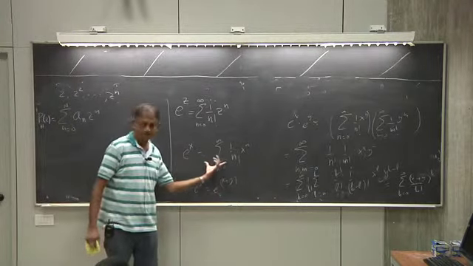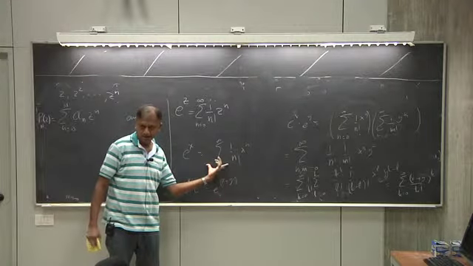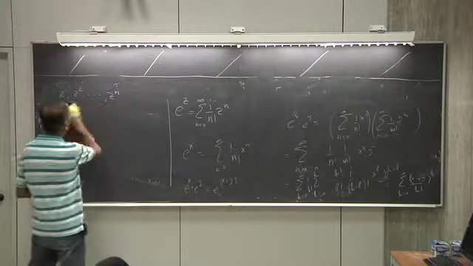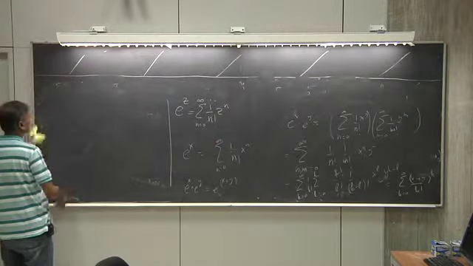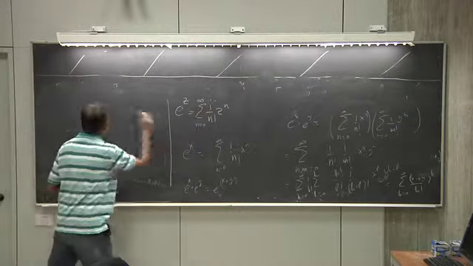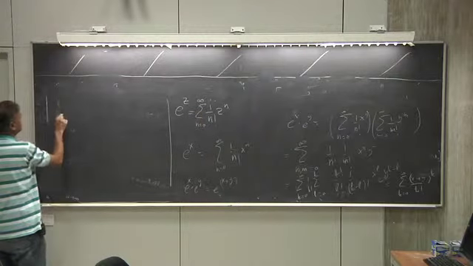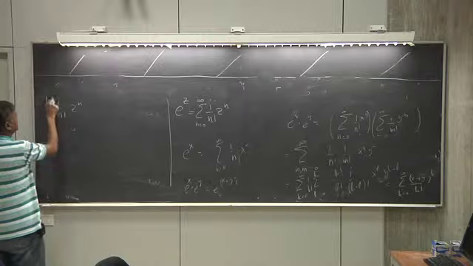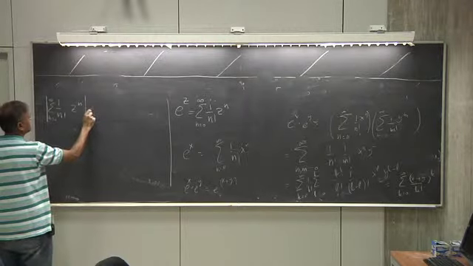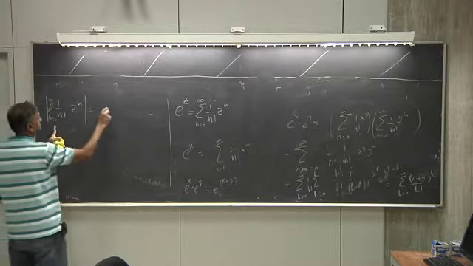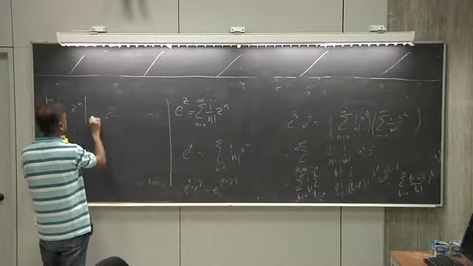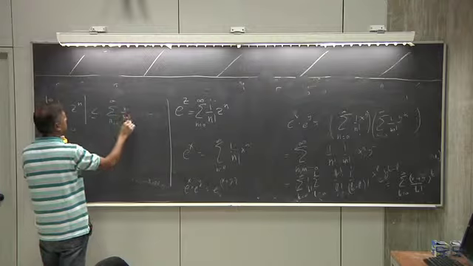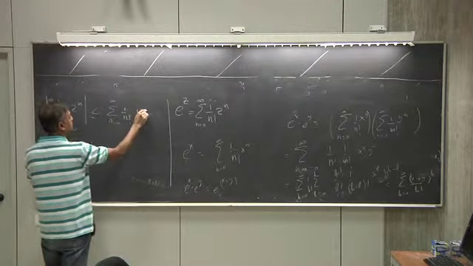If you know this result for the real part, it follows for the complex case, because if you take the modulus of the sum over n from 0 to infinity of 1 over factorial n, z to the n, then using the triangle inequality, this is less than or equal to the sum over n from 0 to infinity of 1 over factorial n, modulus of z to the n.